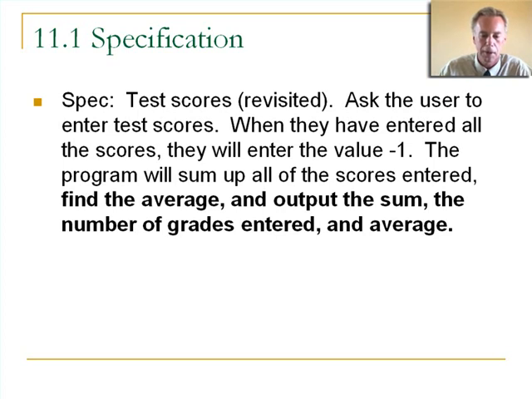The difference this time is your program is being asked to find the average of some test scores, and we will output the sum, the number of grades that were entered, and the average of all the grades that were entered. So let's go, and I'll take this spec with me. We'll build a small test case inside of the development environment, and we'll work from there.